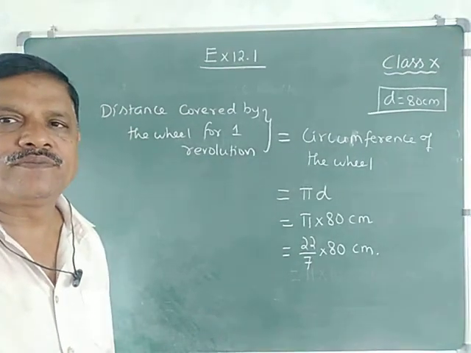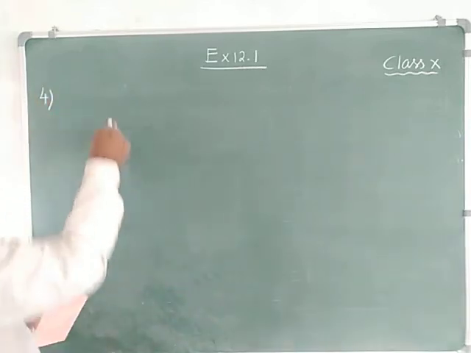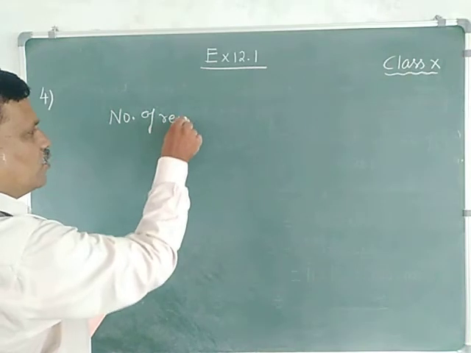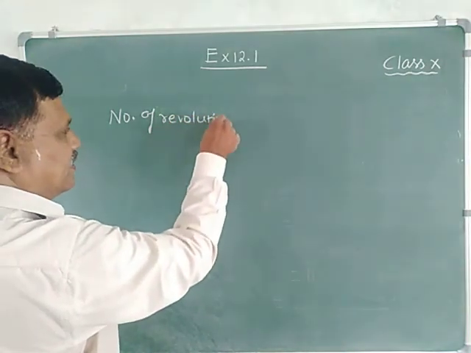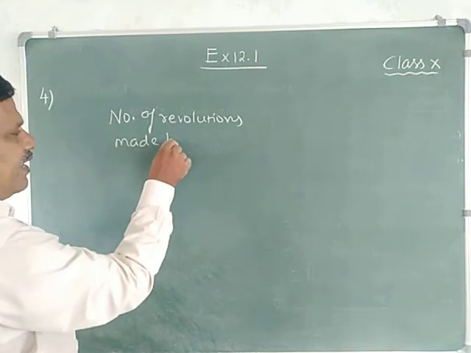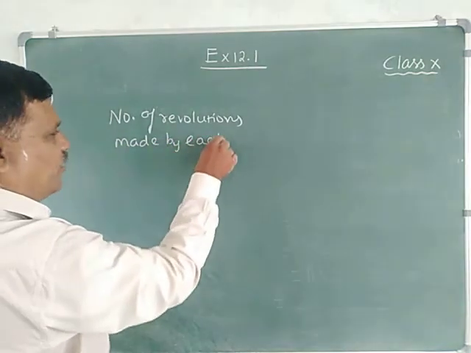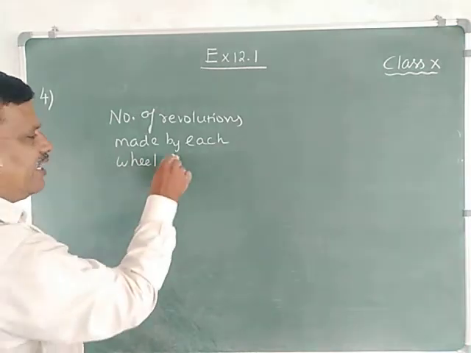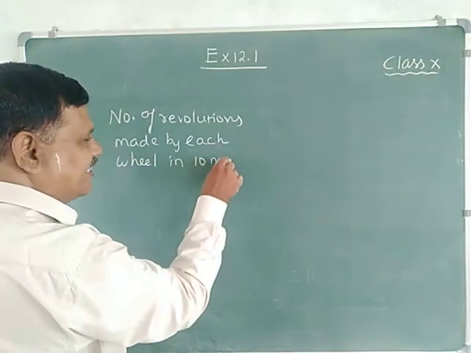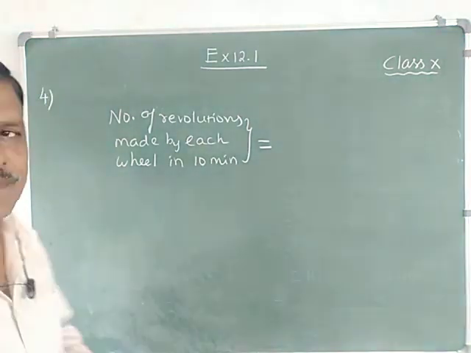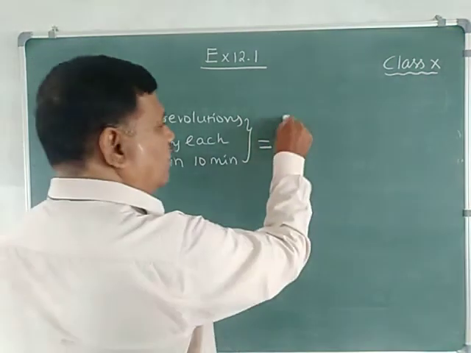Okay. Now the last step. In the last step what are we going to find? Number of revolutions made by each wheel in 10 minutes. So this is the last step. Now what is this? Tell me.